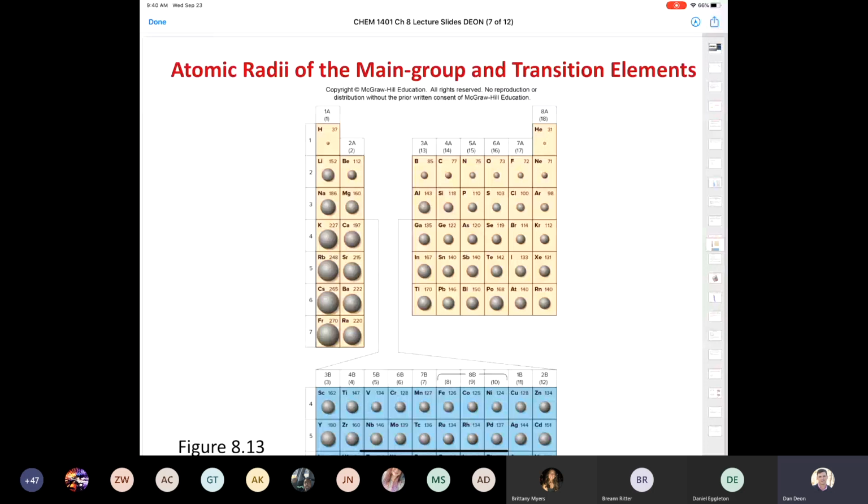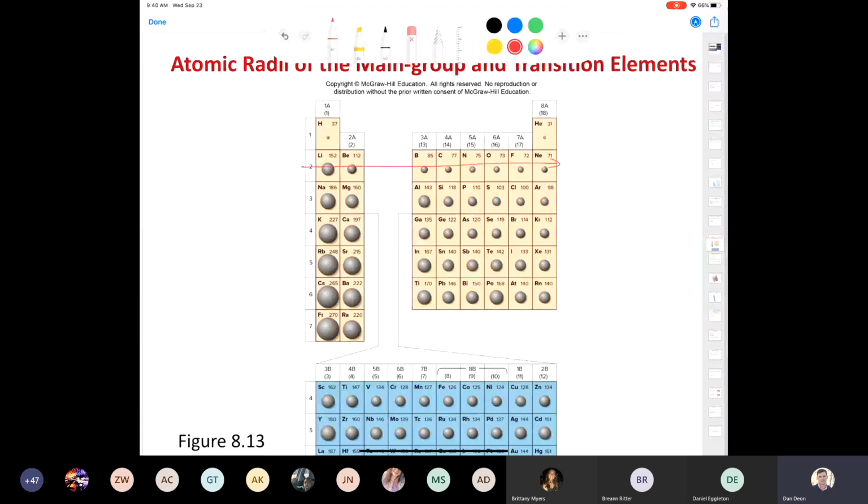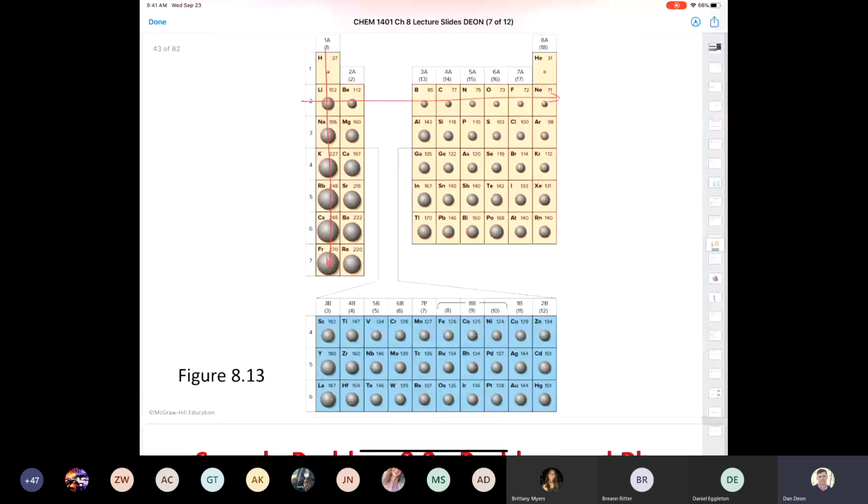You just need to know the general ideas that I just put forth, that when you go across a period, the atomic size, generally speaking, does decrease. And when you go down a group like this, we have higher n, bigger size. And in the book, she goes into quite a bit of detail about the transition metals and why they don't vary in size a whole lot. You can see there's very little variation here.